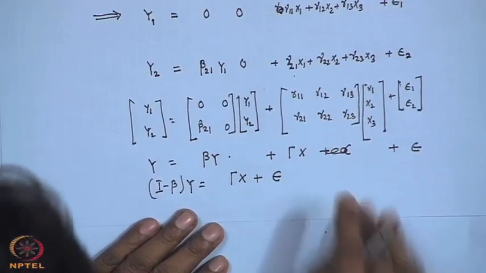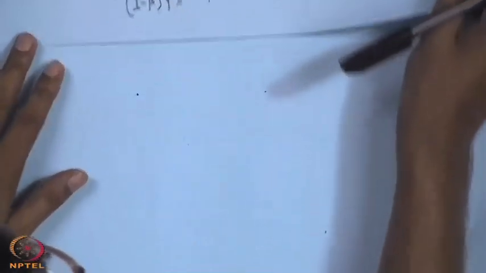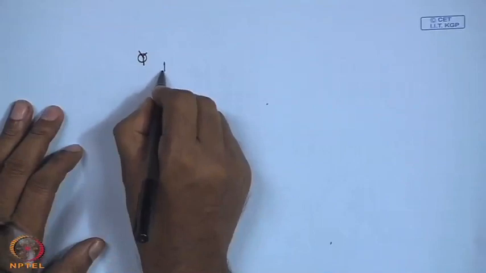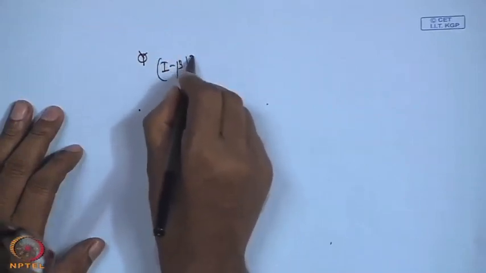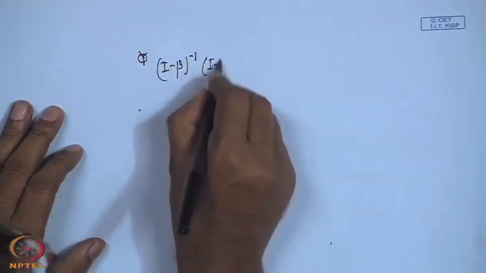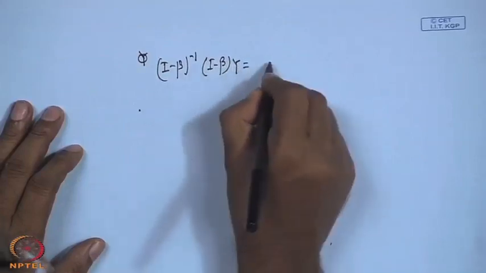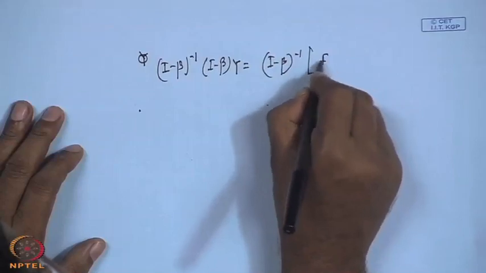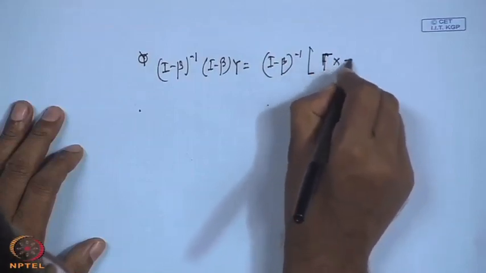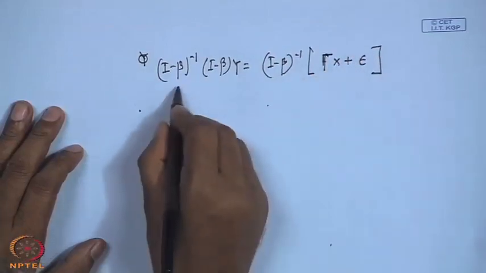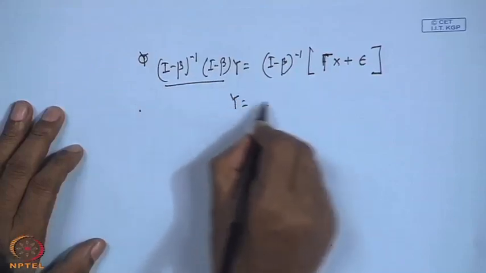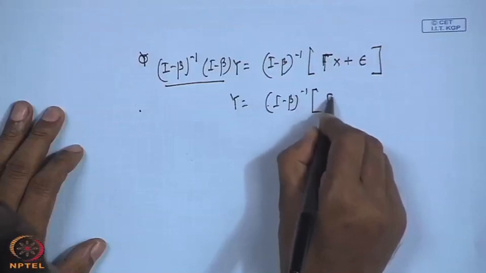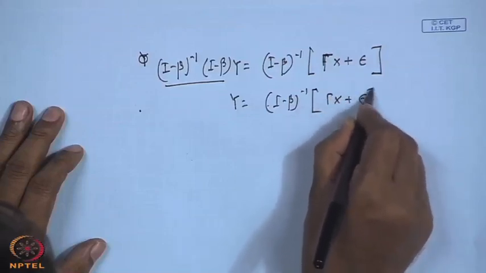Then further, if I multiply I minus beta inverse with I minus beta y, you get I minus beta inverse gamma x plus epsilon, and this will be I. So, y equal to I minus beta inverse gamma x plus epsilon.